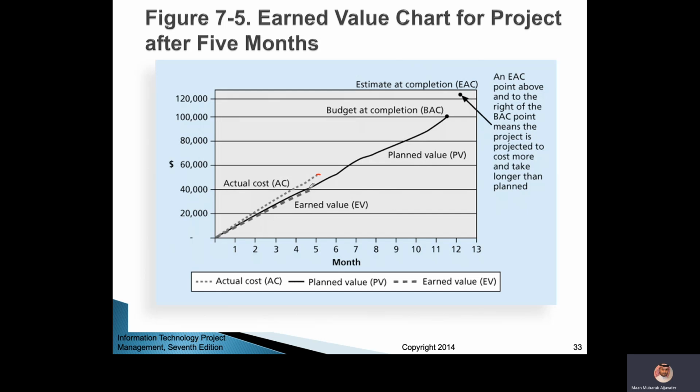Okay, so this is what you earned from this project. This is what you planned for. This is what you spent, and this is what you get only. So see, you spent more than what you earned from the project. Okay, so this will be explained in the other slides.